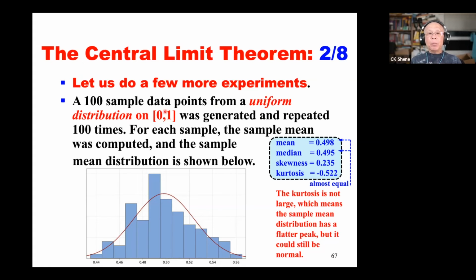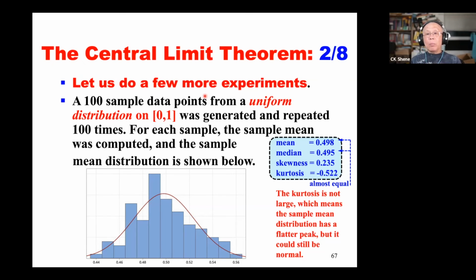Then we repeat 100 times, which means we have 100 samples. Each sample has its own sample mean, its own sample variance, and its own sample median. So let's say we have 100 sample means, 100 sample variances, 100 sample medians.